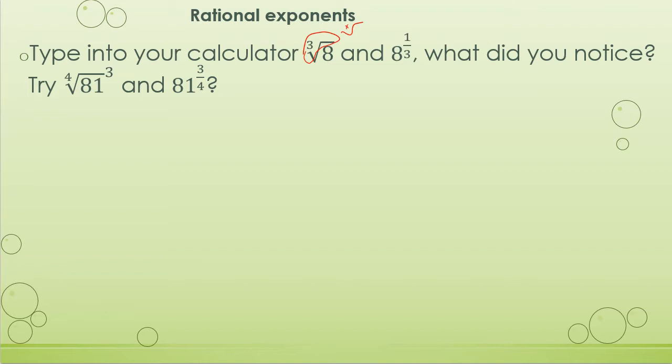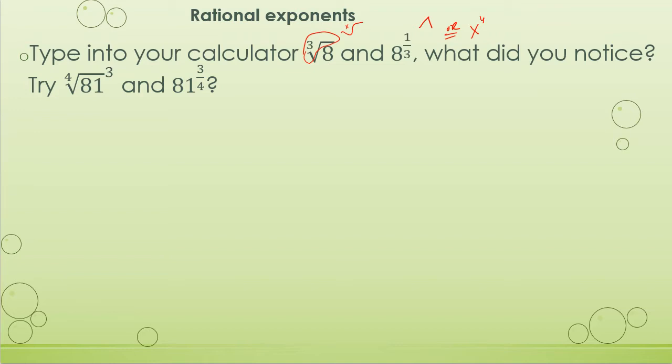And then for 8 to the 1/3, obviously you don't have an exponent button that's just specifically 1/3. So you're looking for the button that either looks like this on your calculator, which makes an exponent, or maybe one like this, x to the y or y to the x. And when you enter that 1/3, make sure you enter it using your fraction button.